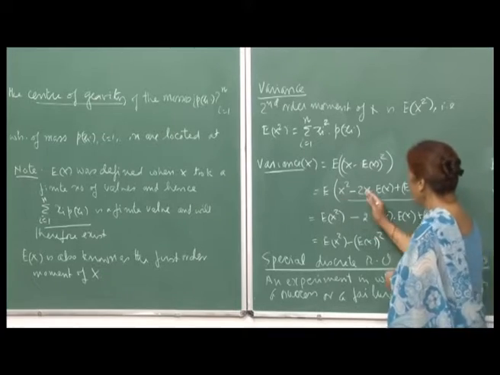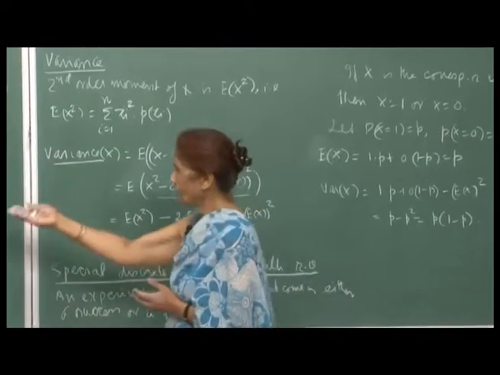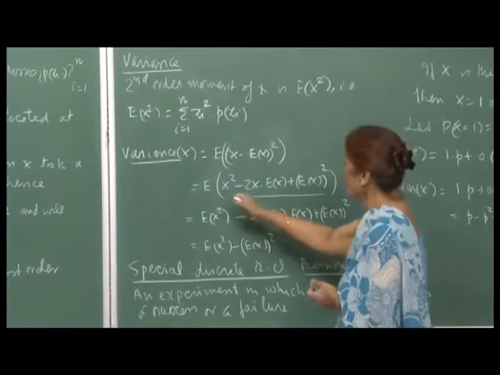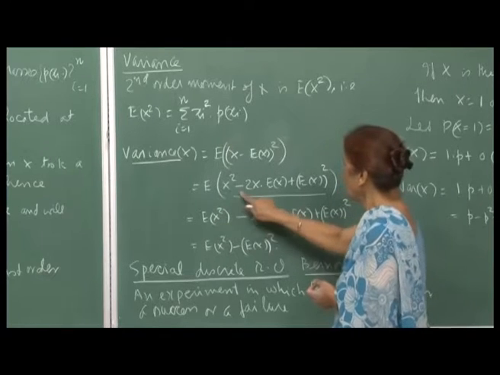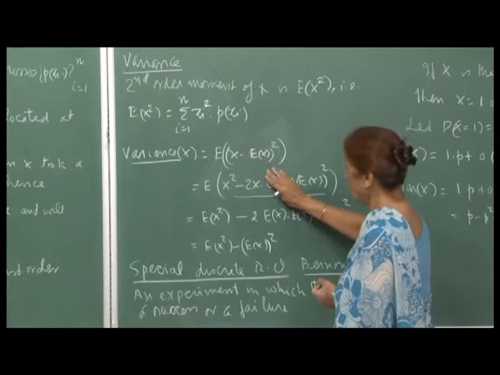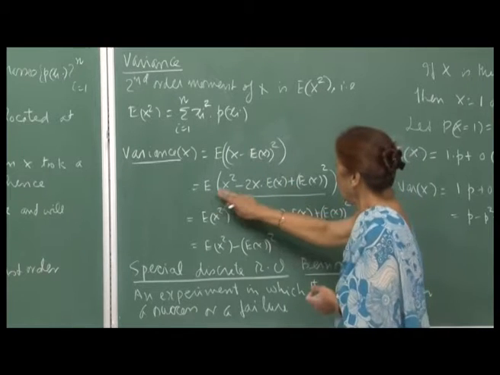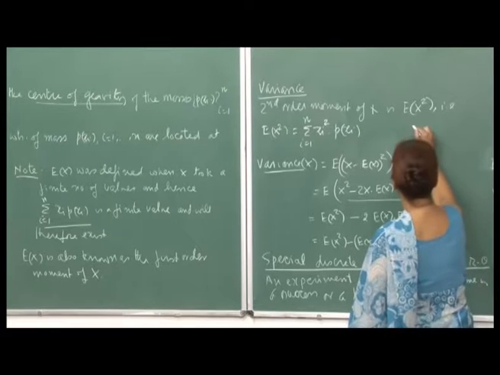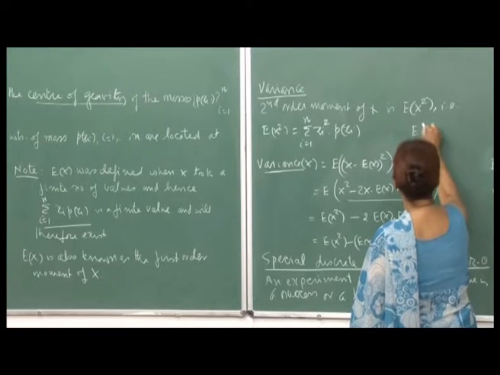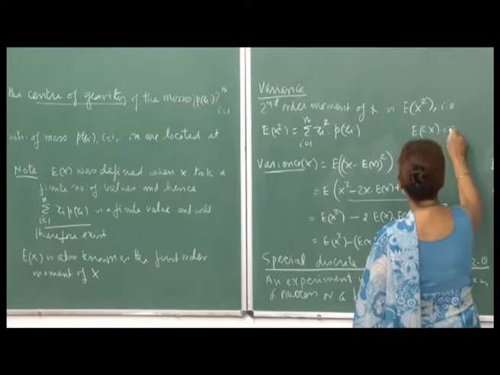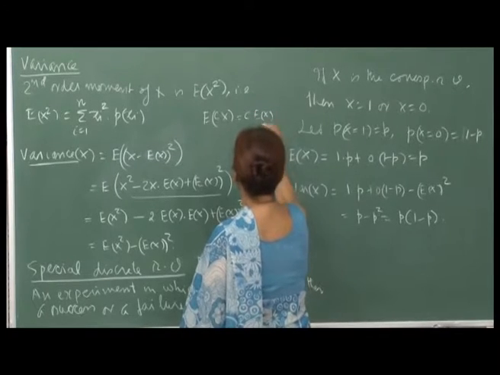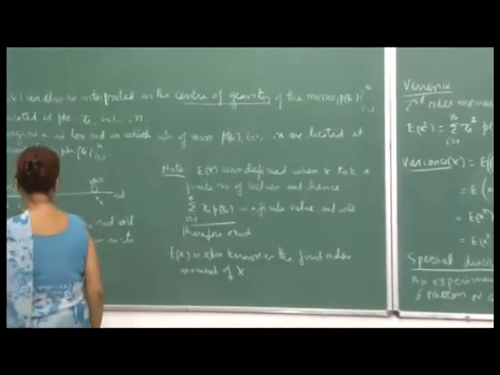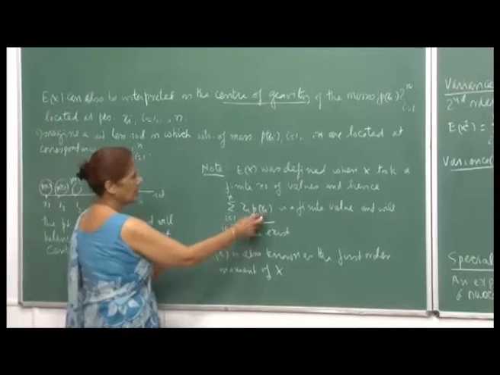And now, when I take E inside, because as we have seen by its definition, expected value is distributive, I can take it inside the brackets. So, this will be E[x square], minus, since E[x] is a finite quantity already, there will be E of x here. So, 2 comes out as a constant. In fact, if C is some constant, then this will be C times E[x], which immediately follows from the definition, because we are defining this as summation x_i p(x_i).